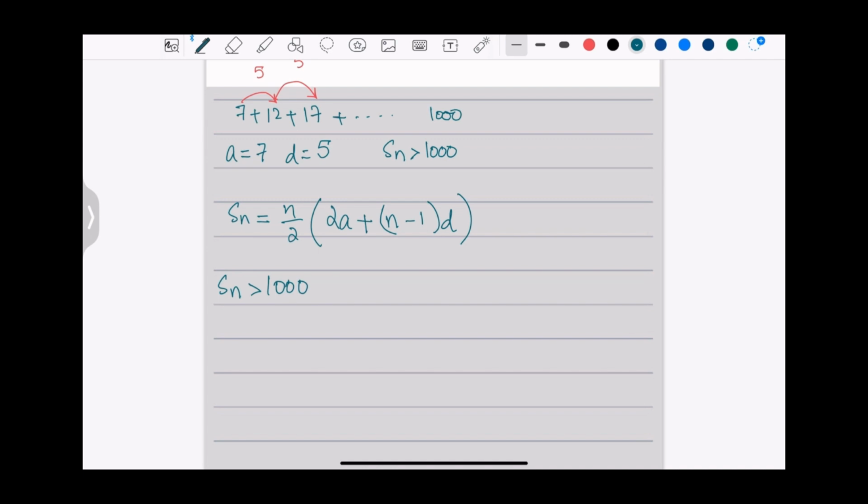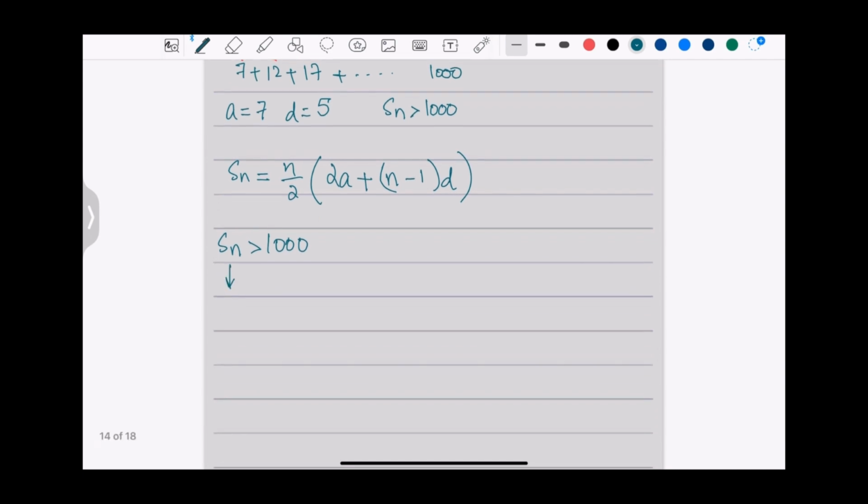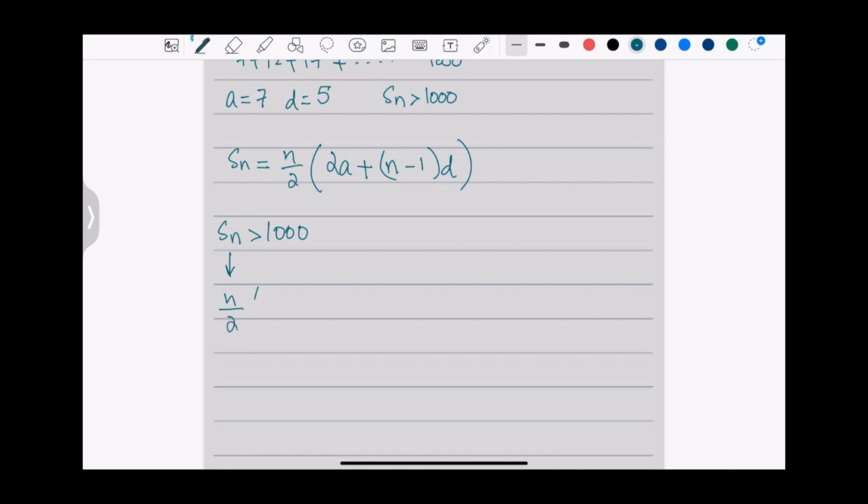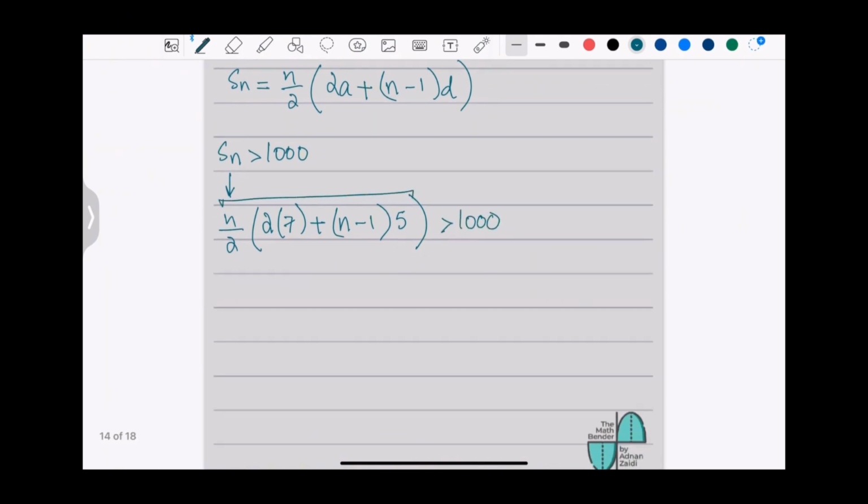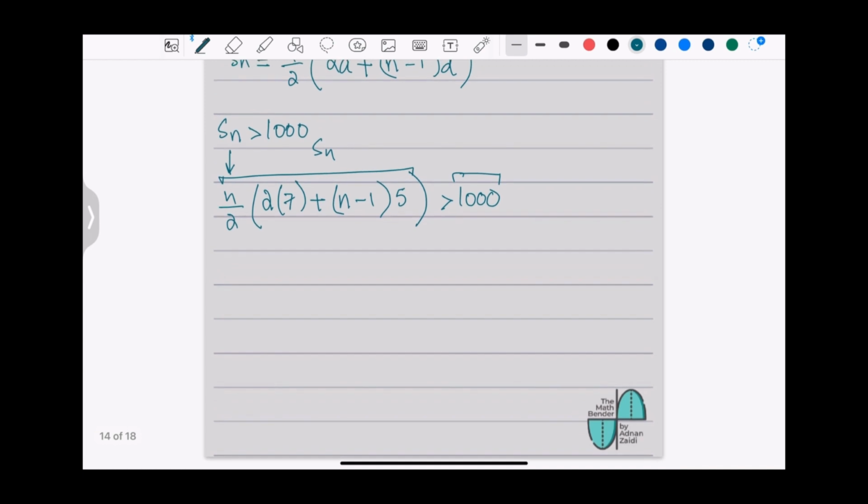So n over 2, 2a is 14, plus n minus 1 times the difference 5, has to be greater than 1000. Now I can write this as n times 14 plus 5n minus 5, greater than, sending this 2 to the other side, 2000.